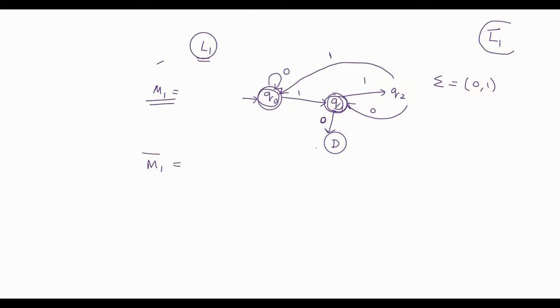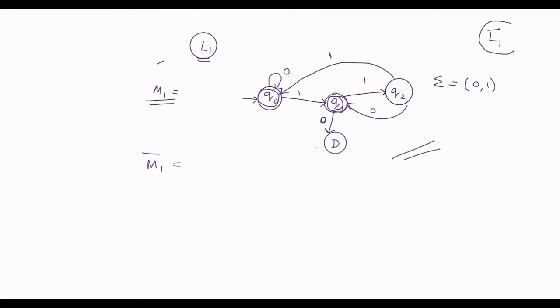What you have got here will be the DFA M1 bar. It will accept exactly the strings which were rejected by M1. This is basically the formula that I have used.